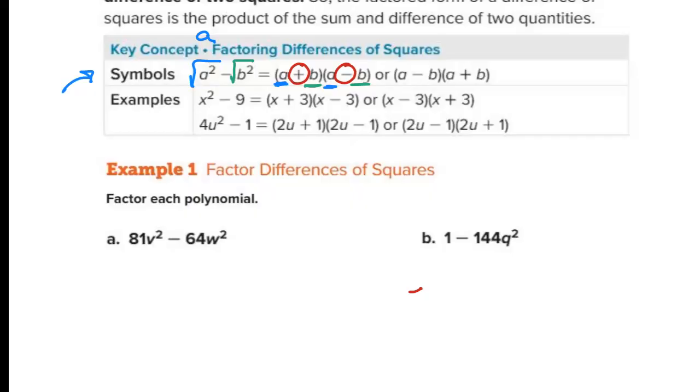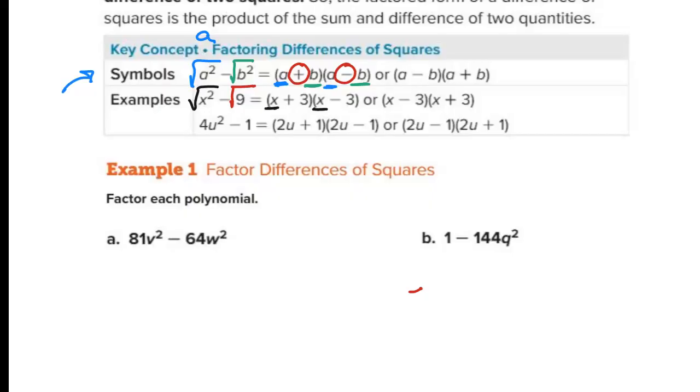x squared minus 9. x squared, that is a perfect square. x times x gives you x squared. So you take a square root, and that square root is going to be x. That goes as your first term in each of those factors. Okay? Minus 9. 9 is also a perfect square.